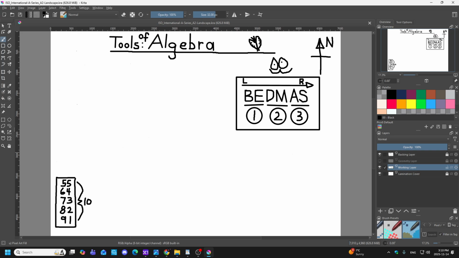All right, and let's do another one. 3 to the 5th power, subtract, in brackets, we have 1 plus 10 squared. This is the way it's written.